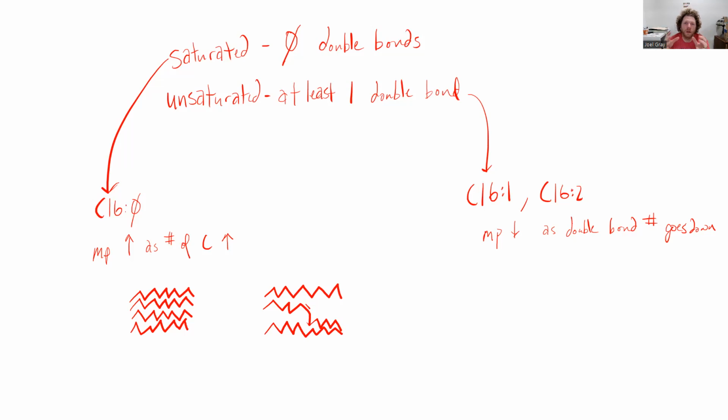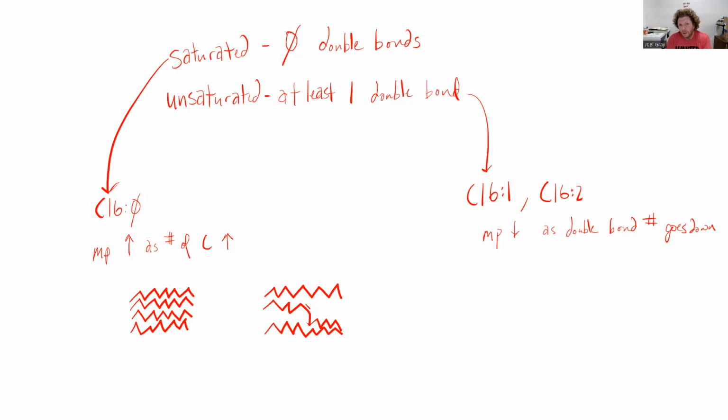What that's going to do is disrupt the close packing that saturated fatty acids can achieve because of the hydrophobic effect. This single double bond or multiple double bonds is going to cause these fatty acids to be separated from one another. So if we have pure samples of saturated and unsaturated fatty acids, as the number of carbons increases, so too does the melting point.